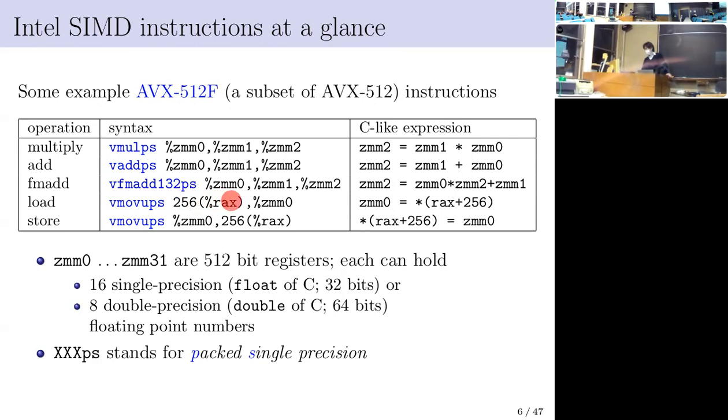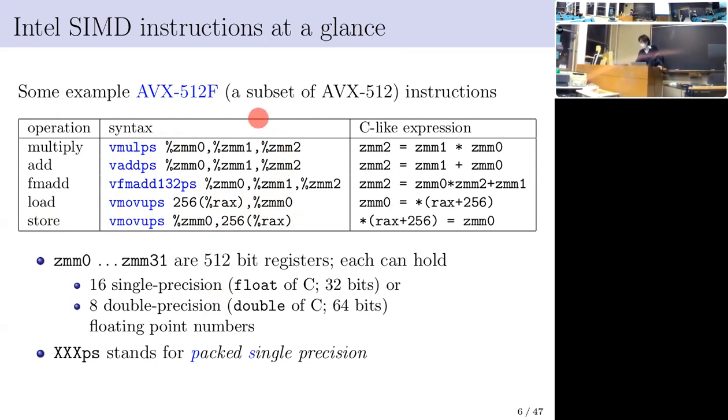It gets 64 bytes beginning from that address and puts the value into this ZMM0 register. And this store instruction is the opposite. You simply store this value, 64 bytes, into this address. Okay, so this is what the typical instructions look like.